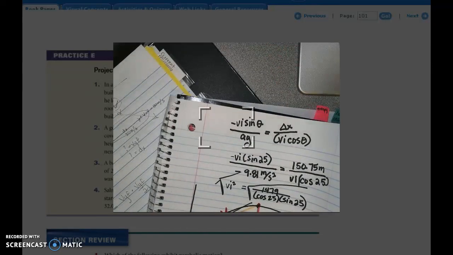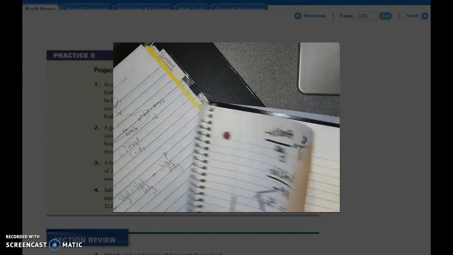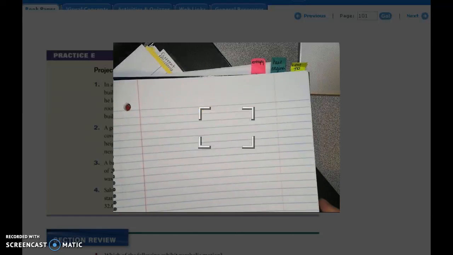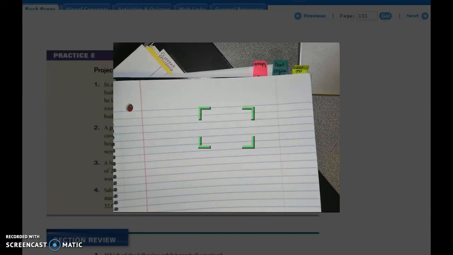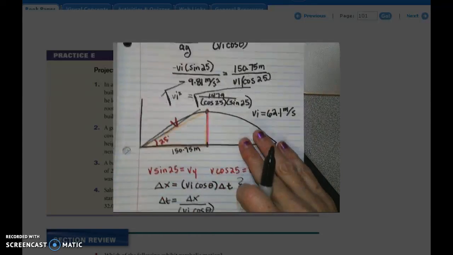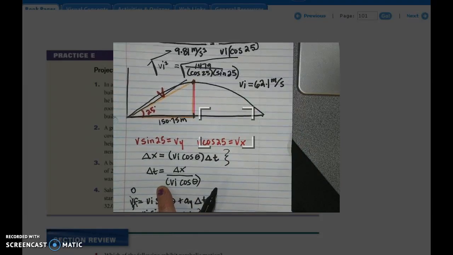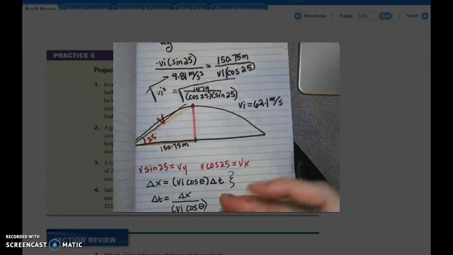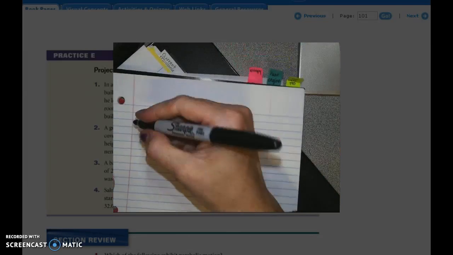I'm going to take that number, that 62.1 meters per second, and go back and substitute that into one of my initial formulas. Because initially I said delta t equals delta x over v sub i cosine theta. So I want to know what delta t is.